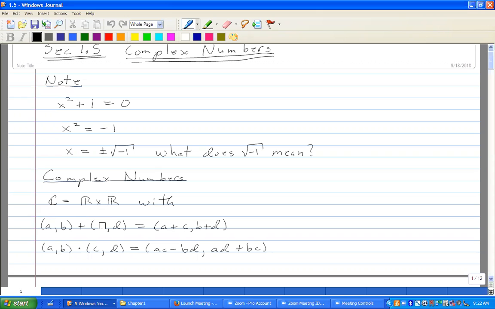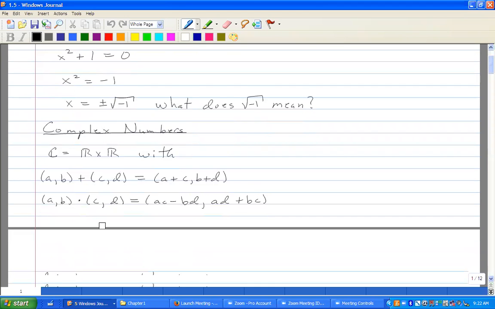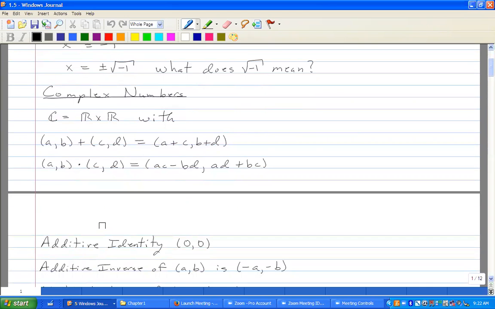And we'll define some algebraic operations on these sets of ordered pairs. So if I have the ordered pair (a, b) and I want to add to it an ordered pair (c, d), then this will be the ordered pair (a plus c, b plus d).